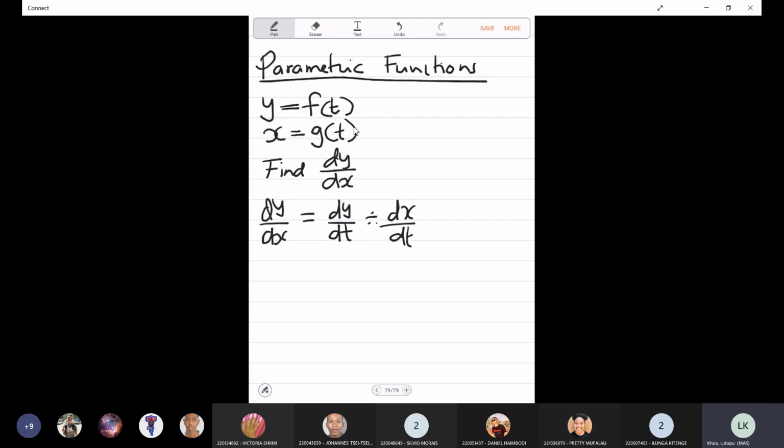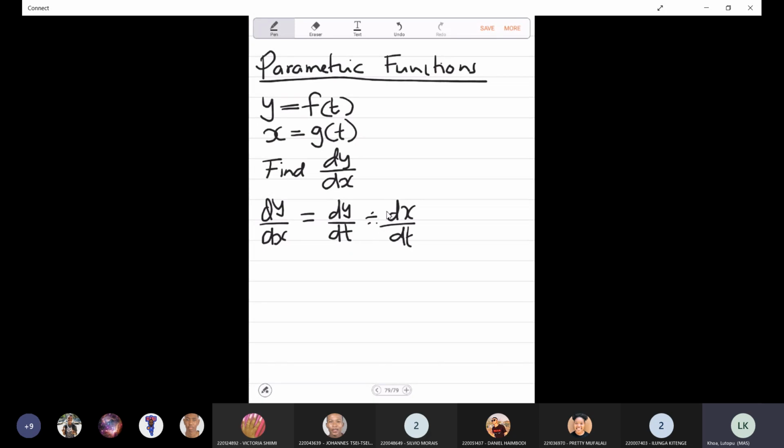Okay, so here we have y is a function of t, x is also a function of t, and we want to find the derivative of y with respect to x. So the formula that we use is dy/dx is equal to dy/dt divided by dx/dt.